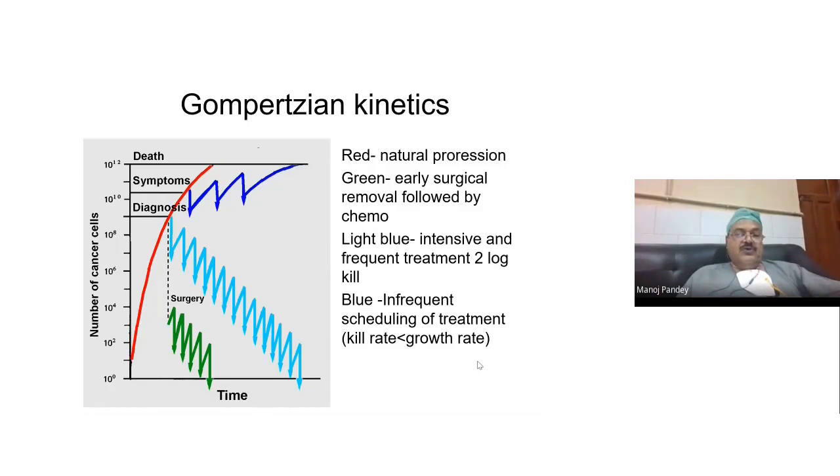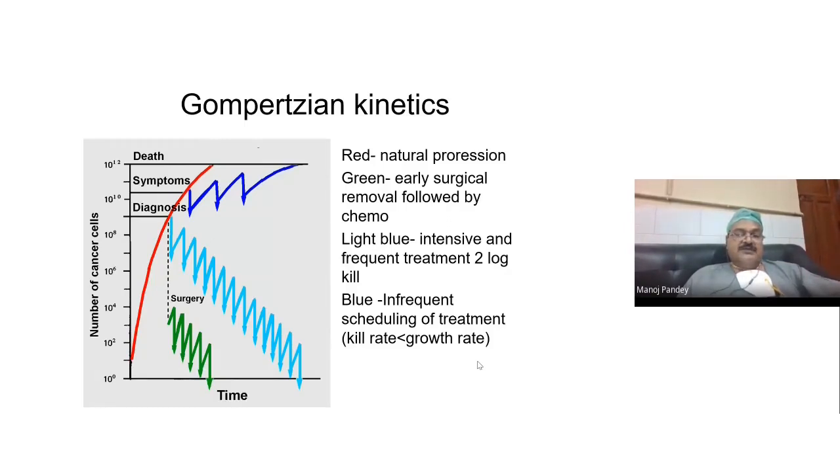If you do not do any intervention, either a surgery or a radiotherapy or a chemotherapy, the cells will keep on growing till the patient dies of their own natural death, represented by the red line. The earlier you intervene, when the growth rate is higher, the better is the survival, because as the growth rate is higher, the cell kill will be higher. And if you intervene later, the cell kill will be lesser.